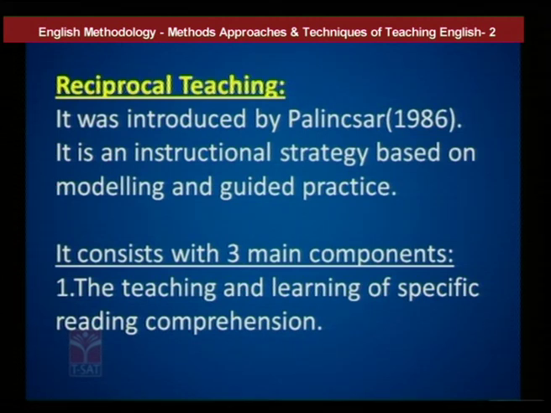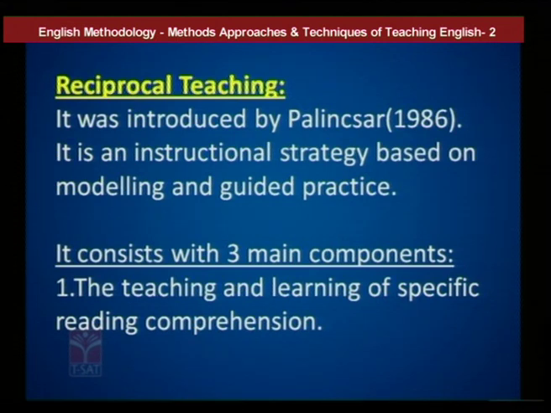So, reciprocal teaching is an instructional strategy based on modeling and guided practice, in which the teacher first models a set of reading comprehension strategies and then gradually makes the learners responsible for these strategies.